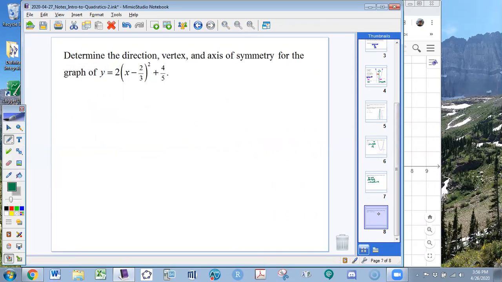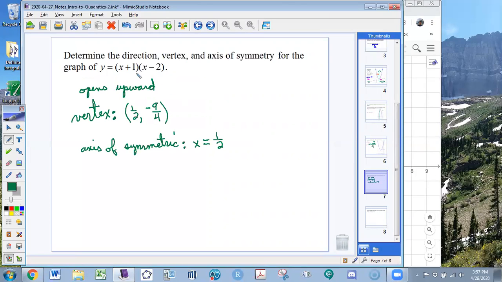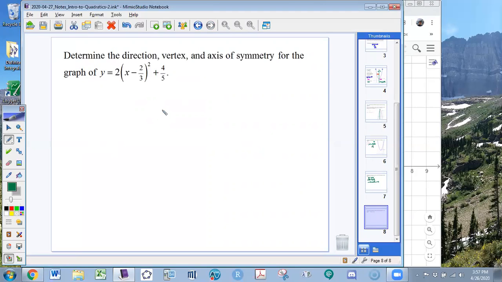Finally, our last one here, y is equal to 2 times the quantity x minus 2/3 squared plus 4/5. Again, I'm not really seeing that square on x, but if I expanded this, I would. In a similar way, if I were to actually multiply this out fully, I'm going to see that there's an x squared. So both of these are quadratic equations.